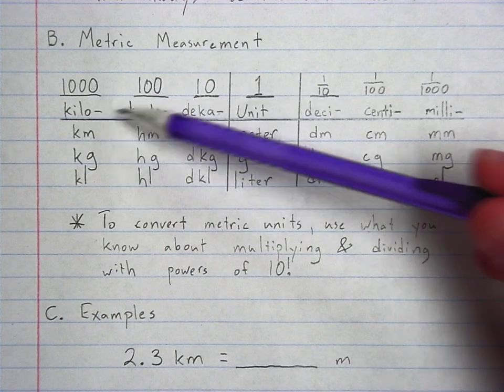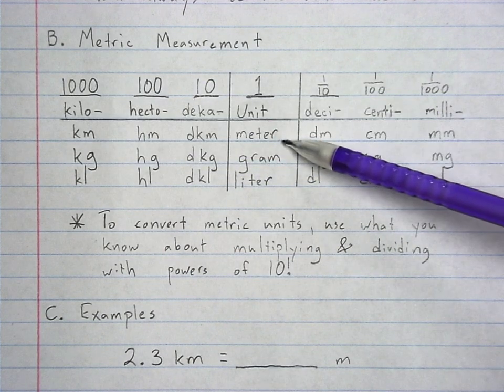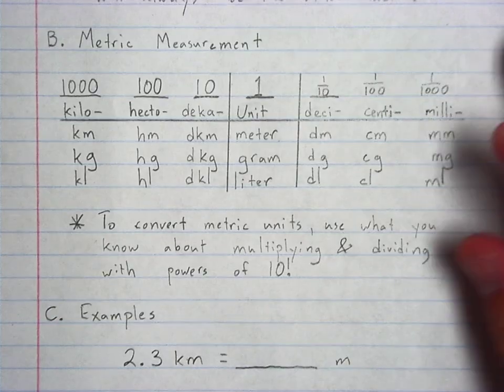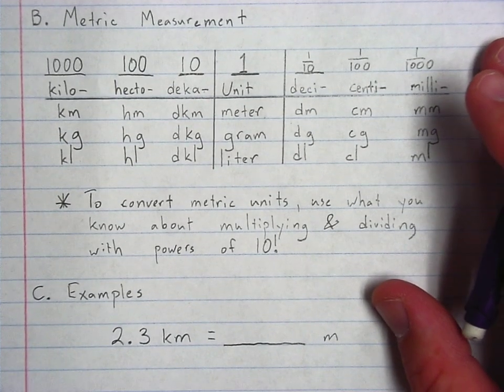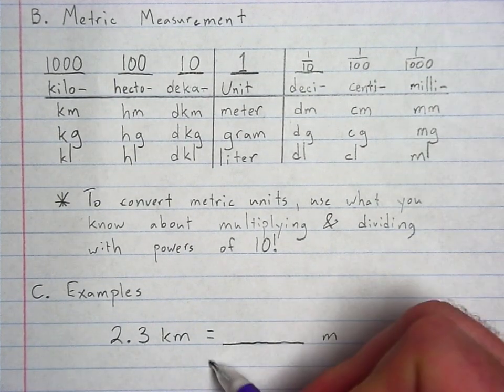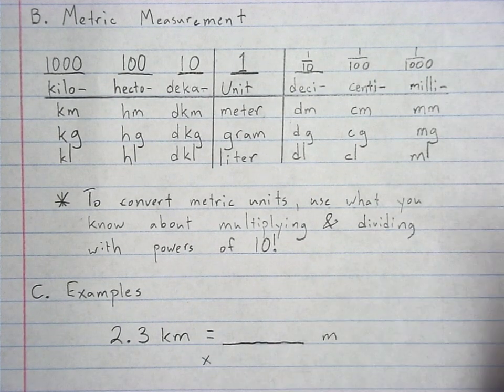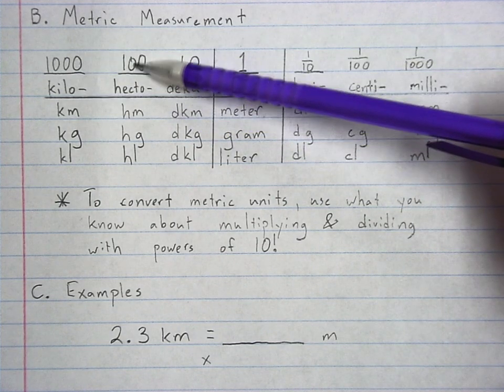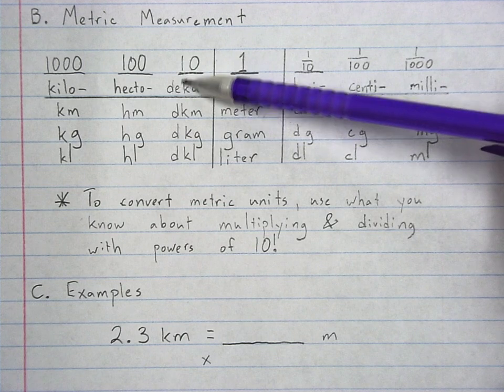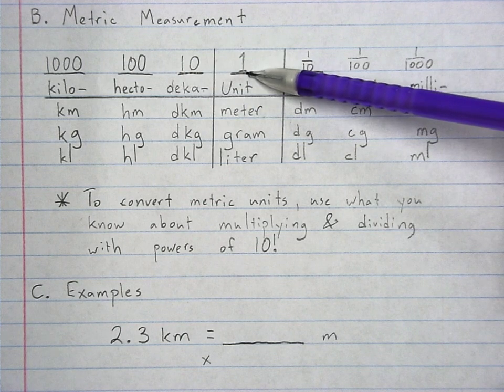Something on the left, I'm moving to the right. There's your meter right there. When I go from big to small, that means I'm going to multiply. How do I know what to multiply by? Just count. 10, 100, 1,000.